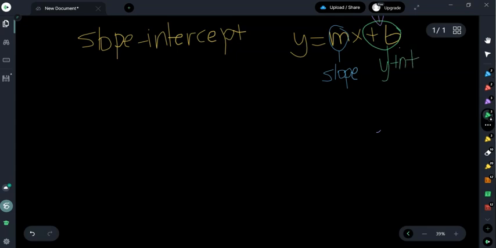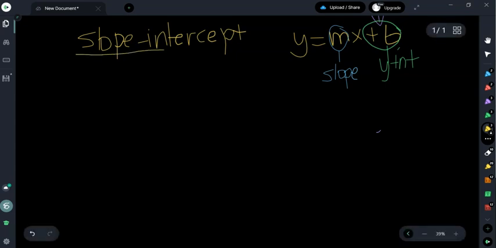Technically, I shouldn't be circling the addition sign, but we usually take that sign, whatever it is, to recognize our y-intercept. Technically, if it's a negative y-intercept, it would be plus -5, plus -7, but we don't write it that way. We will write -7, -5 to make it easier for you. So when I give you an equation in slope-intercept form, you should immediately be able to tell me what the slope of the line is and what the y-intercept is.